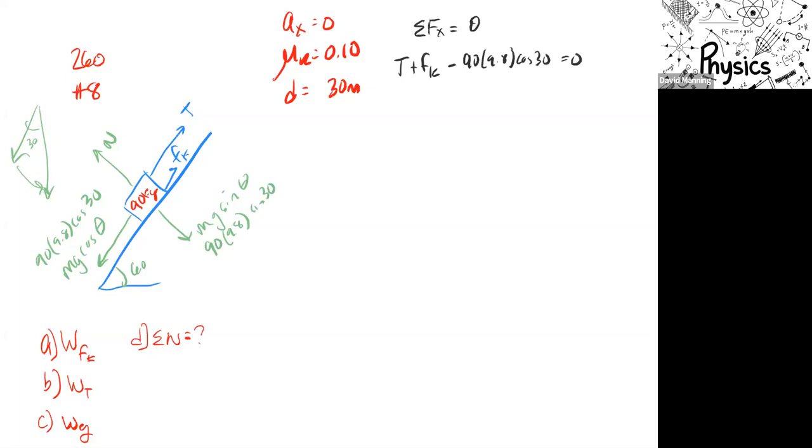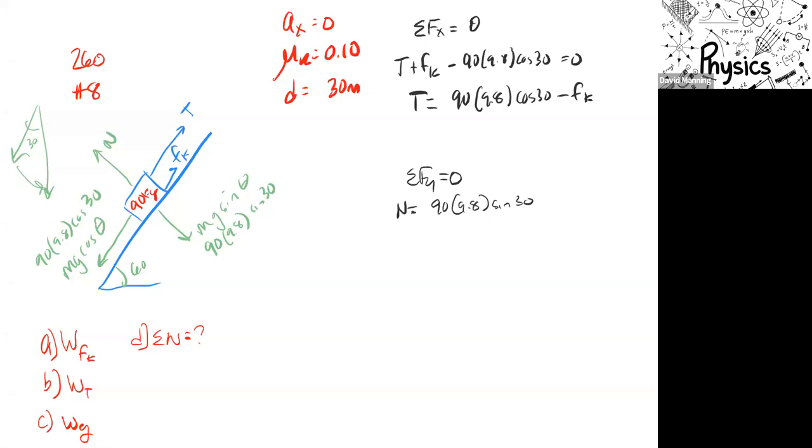Well, we don't know Fk, so we can find that, but T is going to equal 90 times 9.8 times the cosine of 30 minus Fk. Sum of the forces in the y equals 0. It's not moving up or down. N equals 90 times 9.8 times the sine of 30.